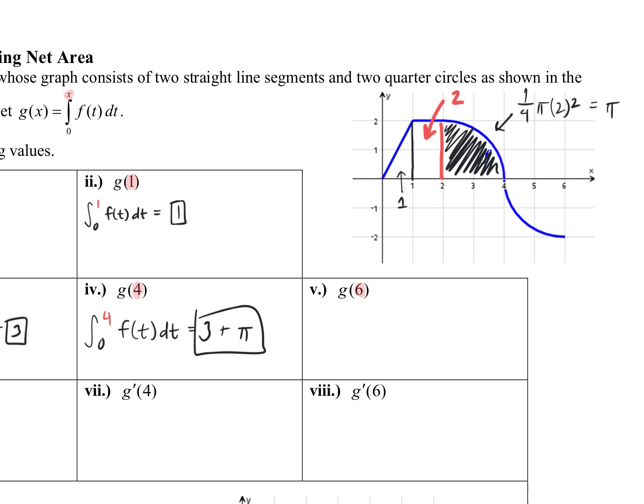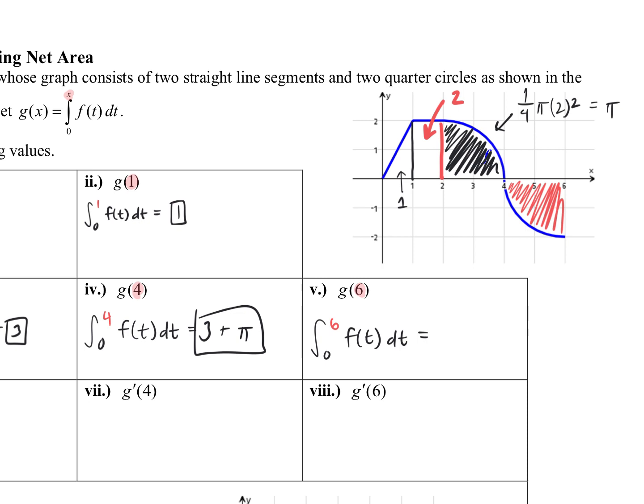Okay, lastly, g of 6, we're starting at 0 and going to 6 of f of t. So I'm just going to add in this piece underneath the x-axis. And anything that's below the x-axis has a negative value, right? So what's that value underneath the curve going to be?